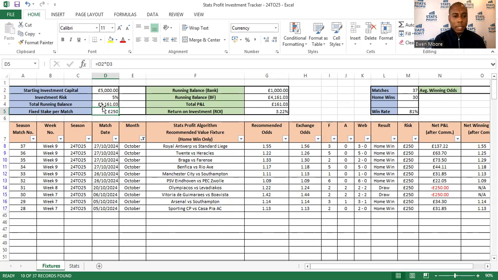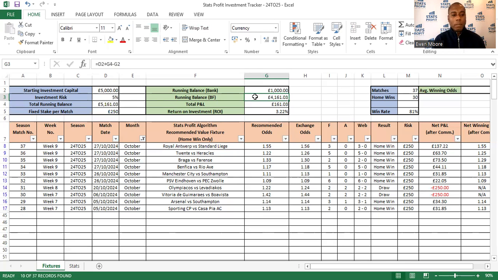So we've got a total running balance now of £5,161.03, and if you were tuning into my video last month, you will understand that I keep a reserve balance of £1,000 in the bank, and then I keep the active balance in my Betfair account, which is £4,161.03. No particular reason for this.